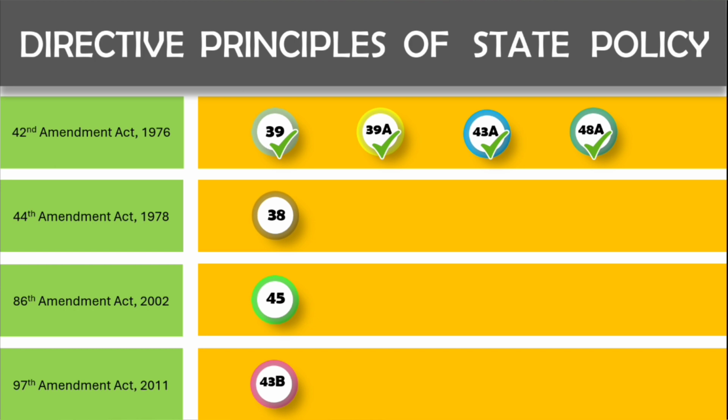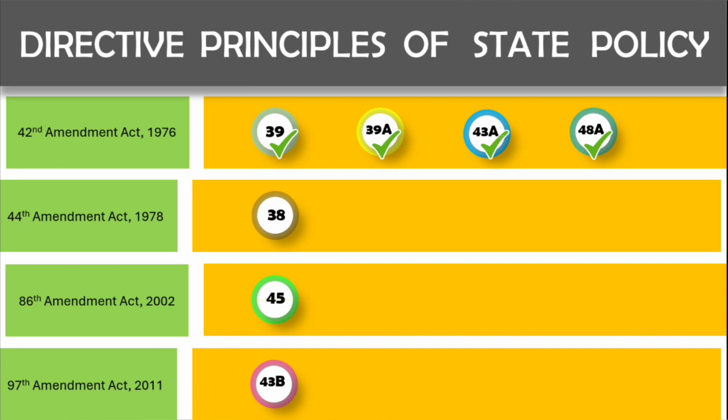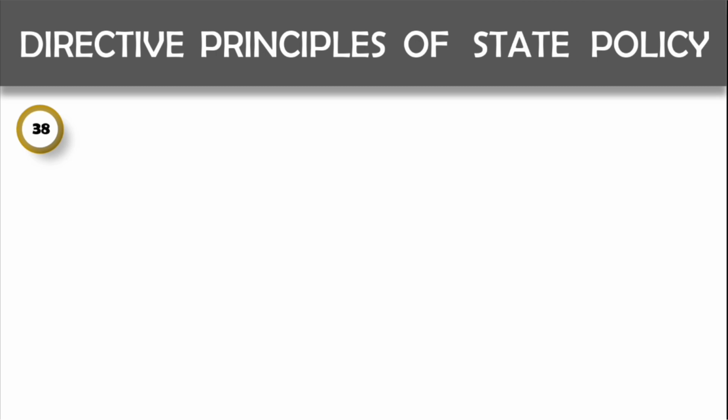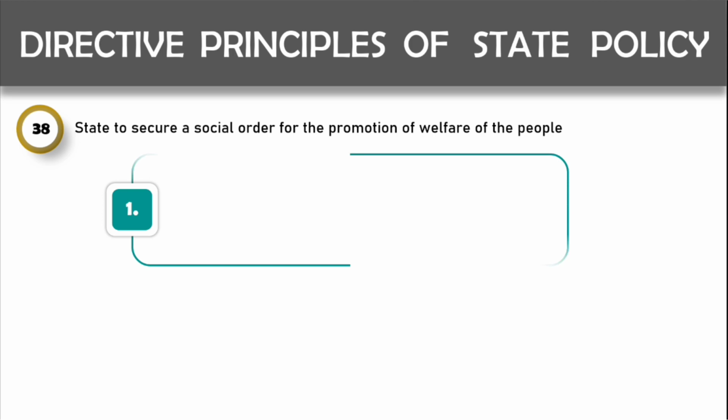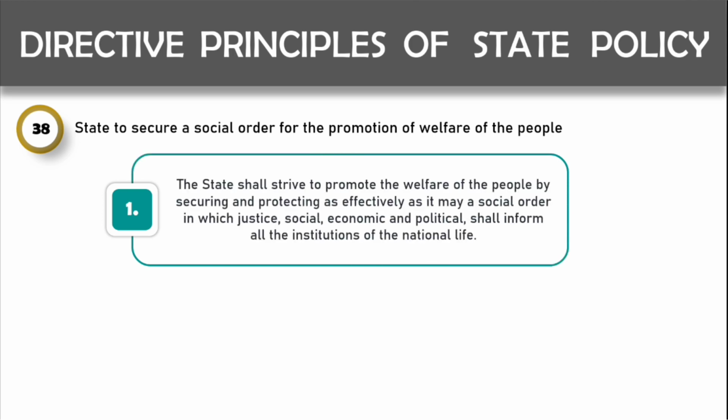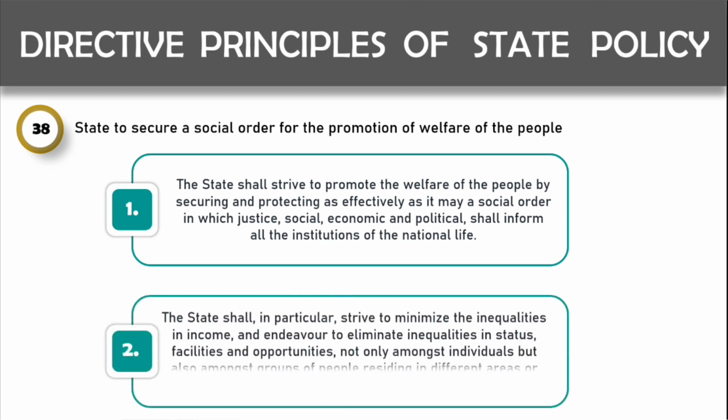Another change was made in DPSP by the 44th Amendment Act of 1978. By this amendment, Article 38 was amended. Article 38 talks about the state securing a social order for the promotion of welfare of the people. See, this article was already part of the Indian Constitution, but its provision was limited, which was further expanded by adding a new clause to it.